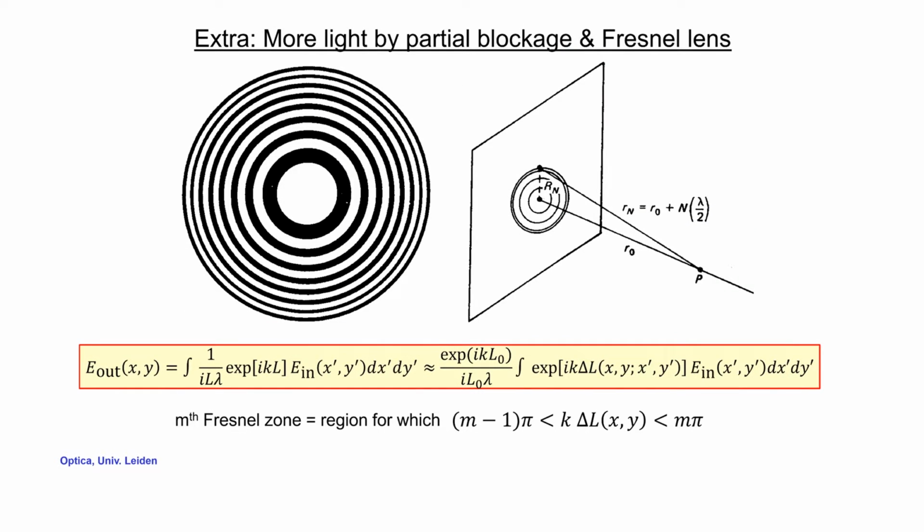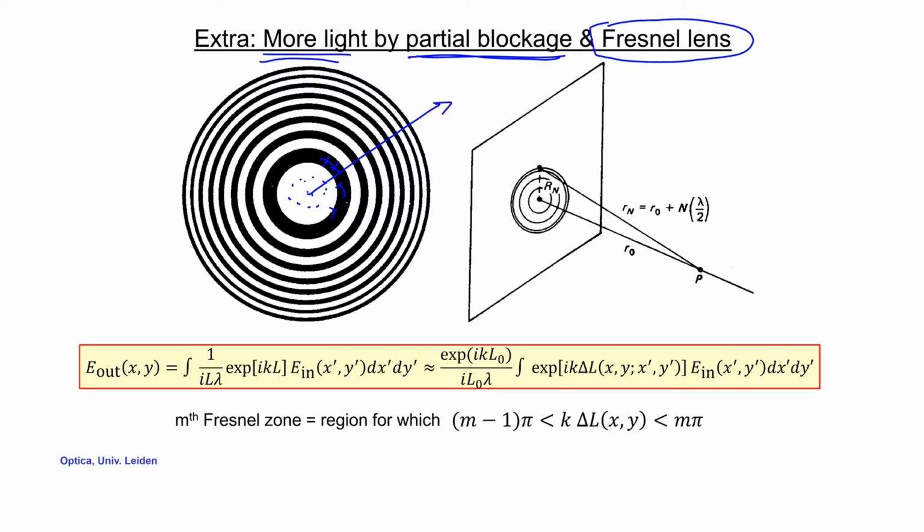The idea that you can get more light by partial blockage of the beam is even more extreme in what's called a Fresnel lens. So a Fresnel lens is a plate with rings that either pass the light, the white rings, or block the light, the black rings.